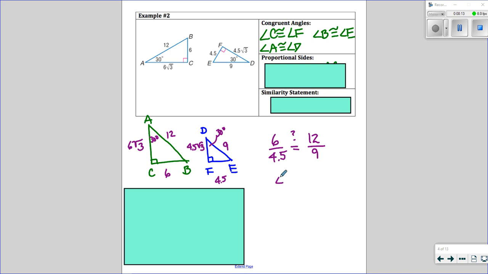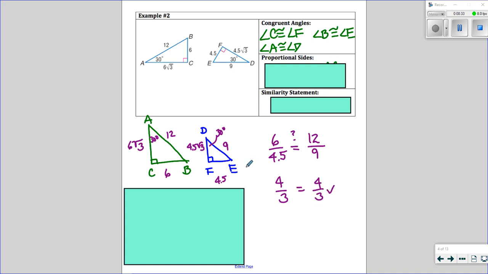So I would get 4 out of 3. The way I did it, I put in the calculator 6 over 4.5, pressed math and enter, and then reduced the fraction. And of course, if I do 12 over 9 and reduce that, the common factor is 3, so there'd be 4 over 3.